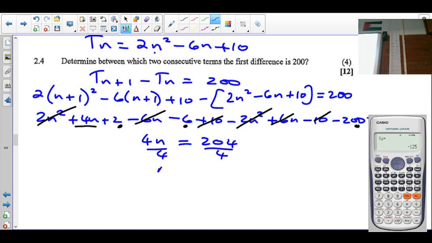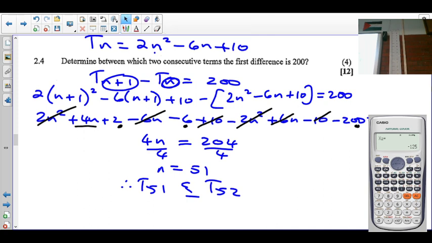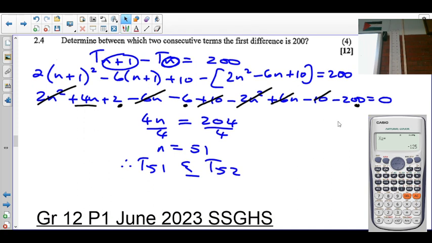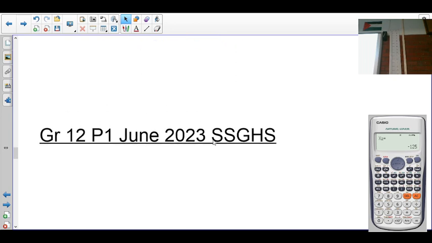Divide by 4 both sides, n is then equal to 51. So the first term is 51, so therefore it's between T51 and T52. Why 52? Because it's n plus 1. Okay. So it's T52 minus T51, which will give you an answer of 200. Okay. It was worth 4 marks.